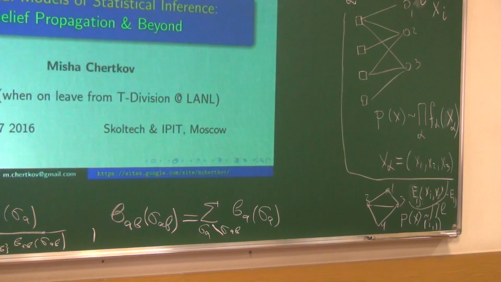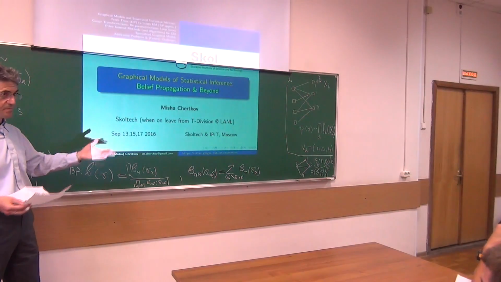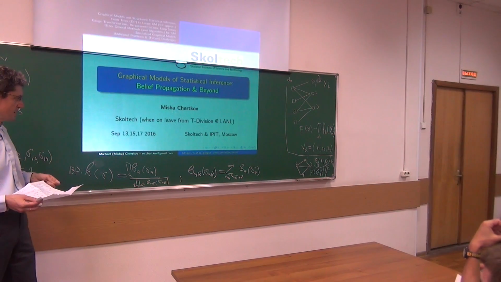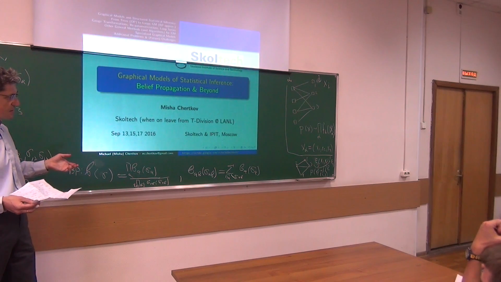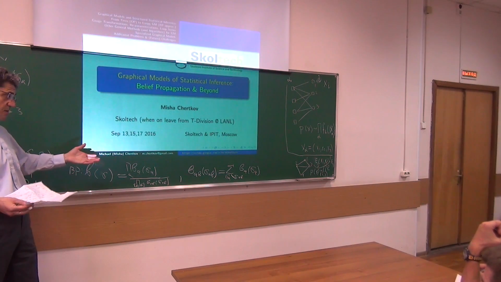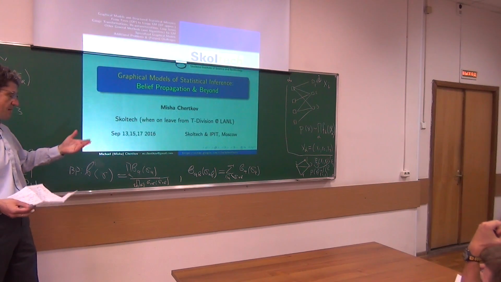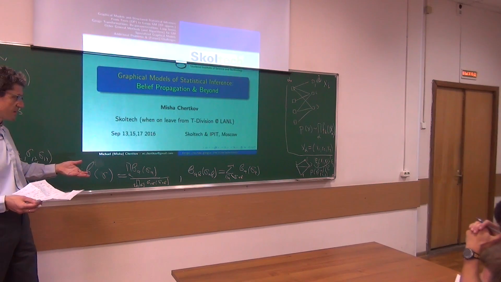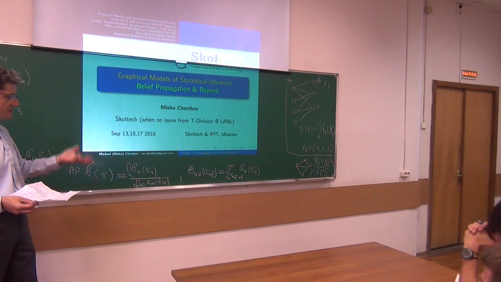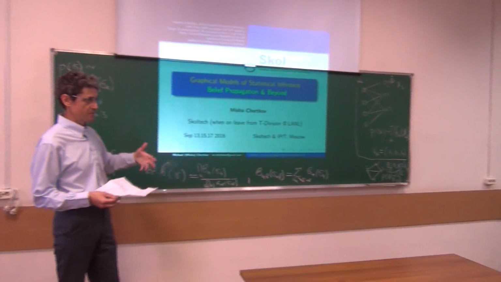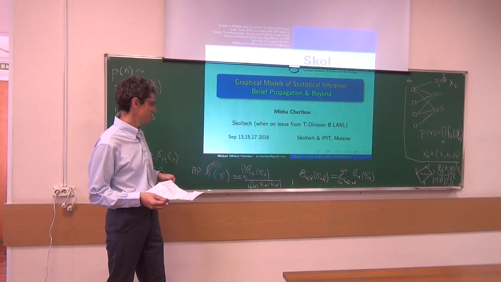So the Bethe free energy was derived, and then at a minimum, if I minimize over all my B's, I'm getting this belief propagation solution for beliefs, for probabilities. And I was also telling you that it leads to an approximation for the partition function, because at the minimum the Bethe free energy is the log of the partition function, so an approximation for the log of the partition function.